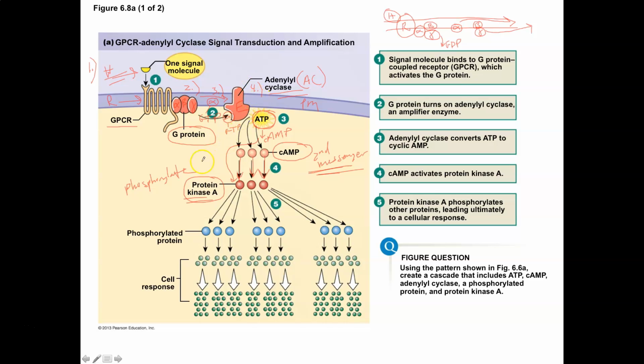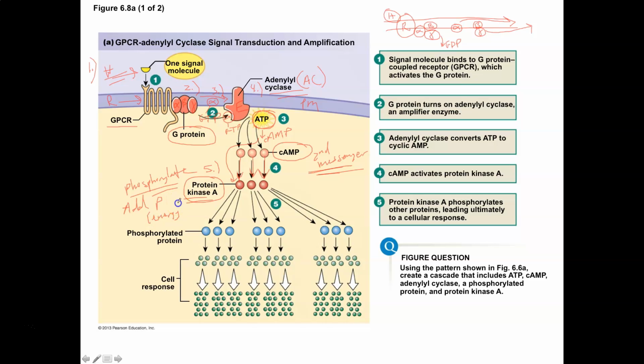And now we're on to this idea of number 5. The cyclic AMPs are interacting with the protein kinase. And protein kinases, all kinases are phosphorylators. Okay, so they phosphorylate. What does that mean? It means they add phosphates, and we understand that phosphates are really energy.